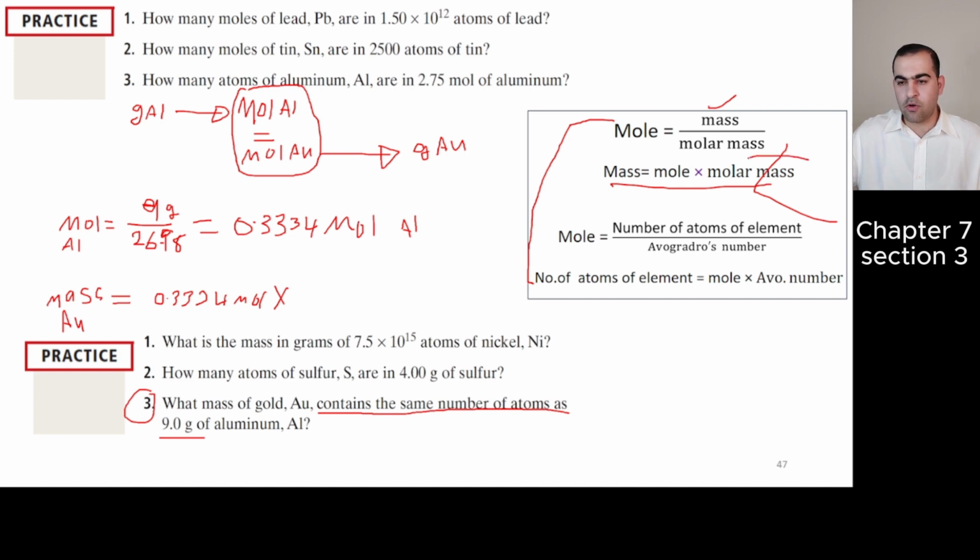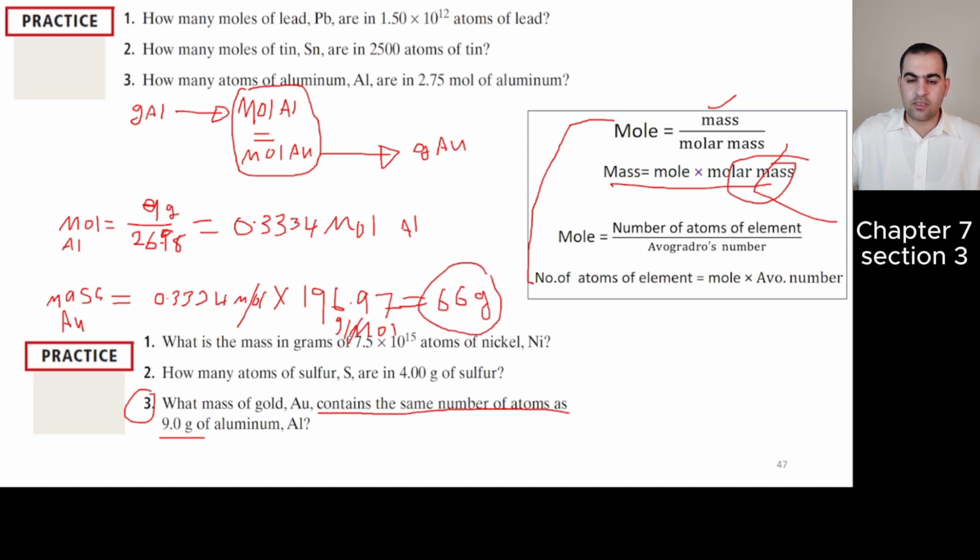What's the molar mass of gold? 196.97. Total, it equals to 66 gram. So this is mole, this is gram per mole, the molar mass. Mole and mole cancel out each other. Total, we have 66 gram of gold.